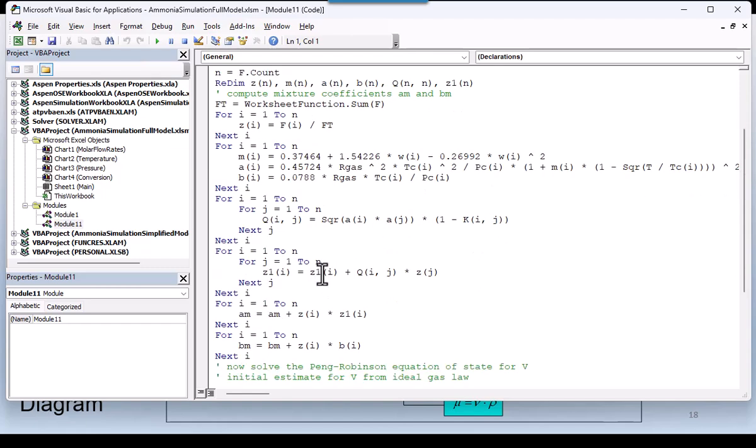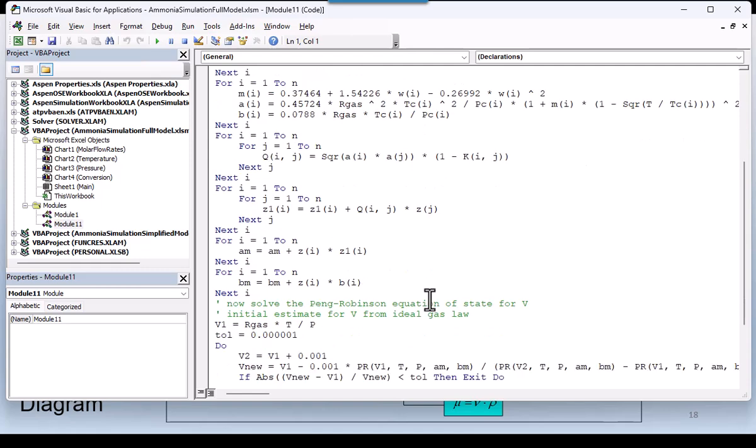Then down here, it gets the mixture coefficients, all right? So it's got all of that information.